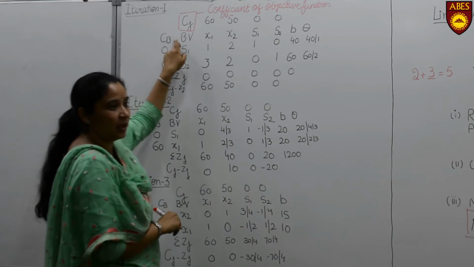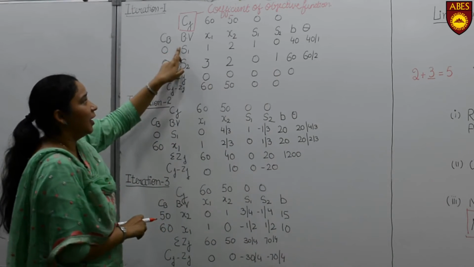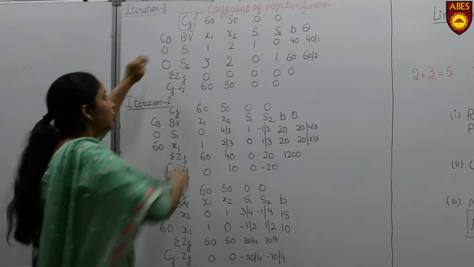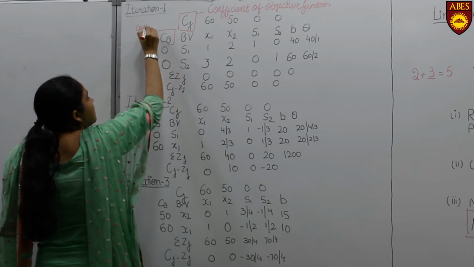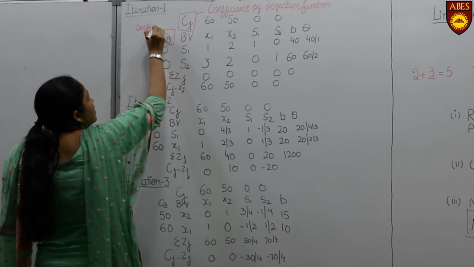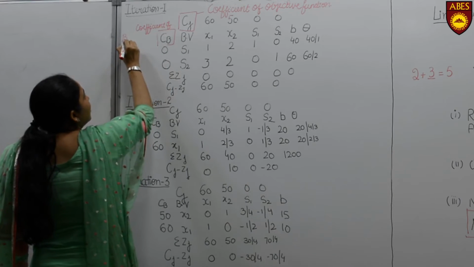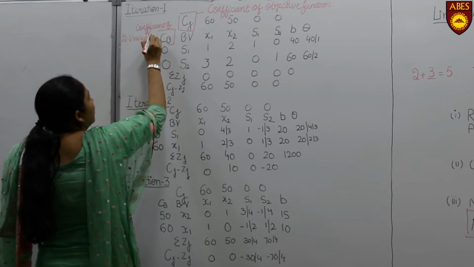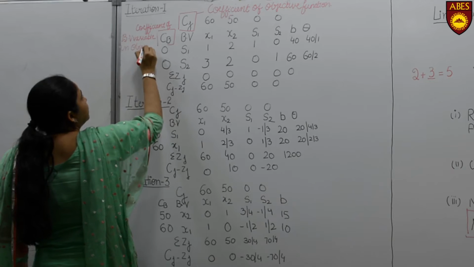Now the basic variables. Basic variables are our slack variables, S1 and S2. Cb is the coefficient of the basic variable in the objective function.